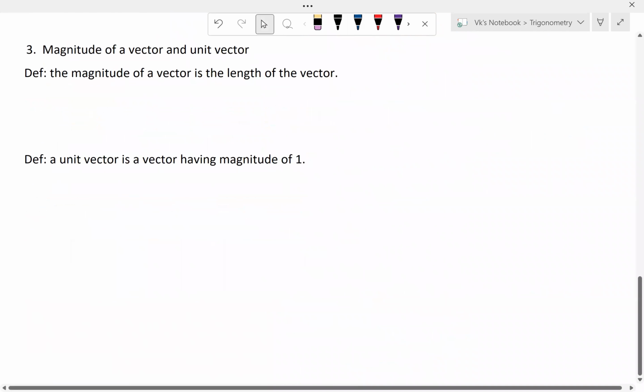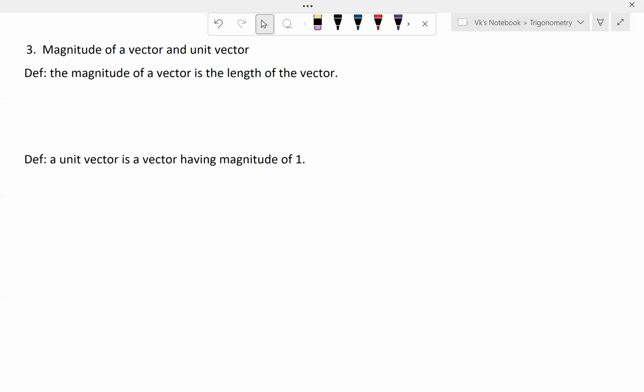Let's move on to three, magnitude of a vector and unit vector. The magnitude of a vector is the length of the vector. The magnitude of a vector v is either the absolute value of v or the double absolute value.